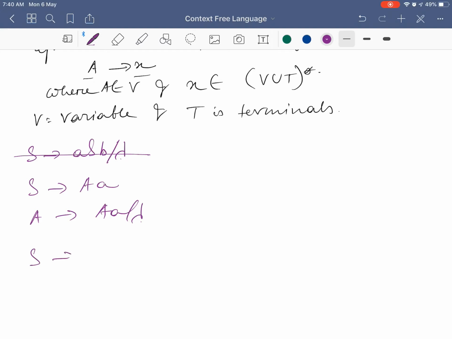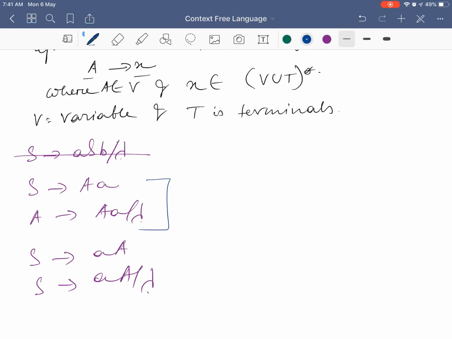Then another language, S to AA, then S to AA / lambda. Now consider these two productions, S to A and S to A to lambda. Obviously, this one is a context free grammar, right? Because the left hand side is a variable and the right hand side is a combination of variables and terminal symbols.